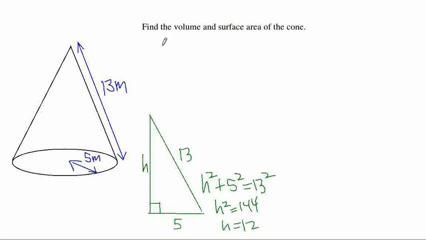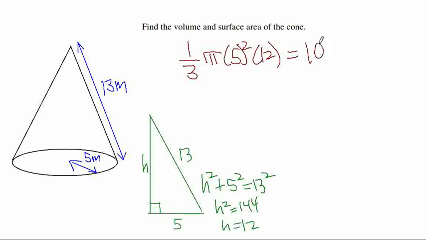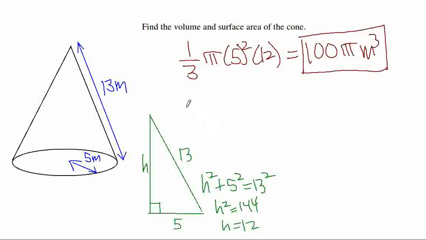So all of that means that the volume is 1/3 times pi 5 squared times 12, which gives 4 times 25, which is 100, so 100 pi cubic meters. For the surface area, we'll include the area of the circle. And then for the rest of the surface area of the cone, we will include pi times the radius times the slant height.